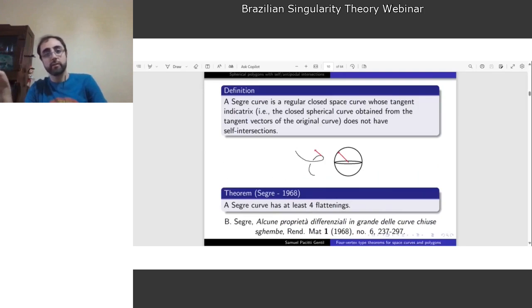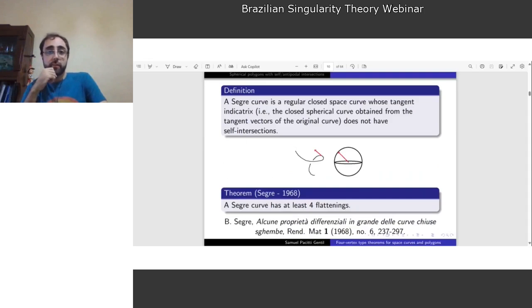It points to a certain direction, for instance, on the sphere. And as we move around the curve, this unit tangent vector traces a curve on the sphere. Since our original space curve is closed, this curve, which we call the tangent indicatrix, will also be closed.